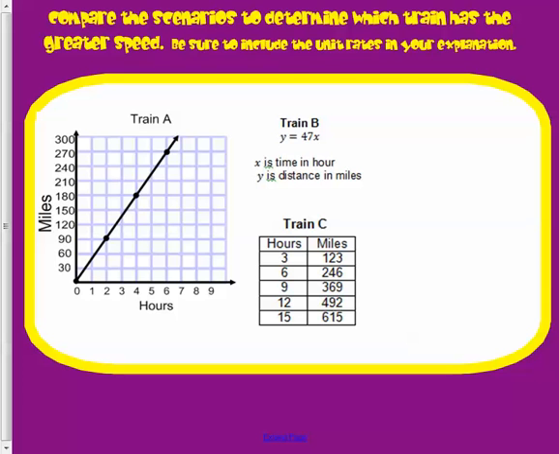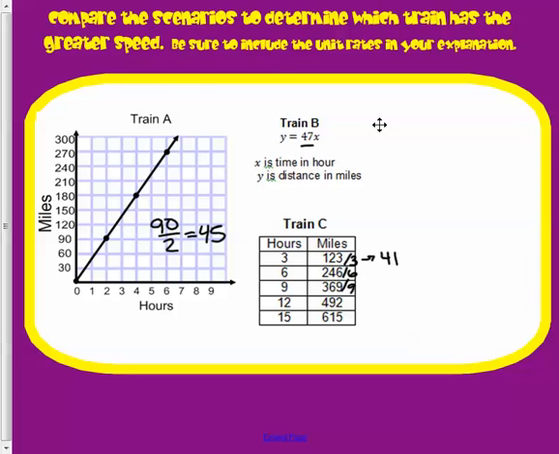All right, so here's what I would do. First, looking at train A, you know it's rising 90 and running 2. So 90 divided by 2 is 45. Over here, train B is at 47, so that is its slope. And if we look at train C, we are dividing each one of these by its respective, and we get 41.